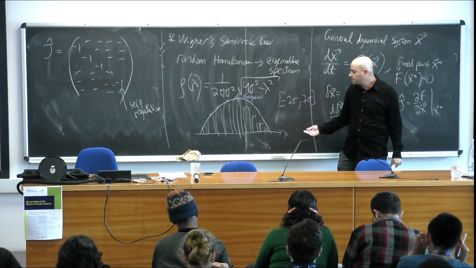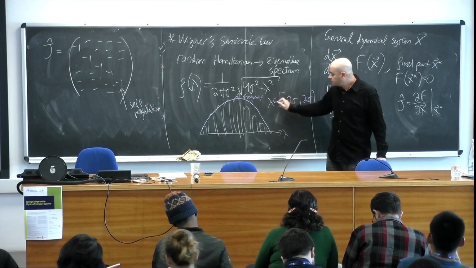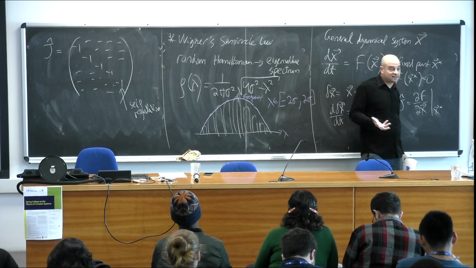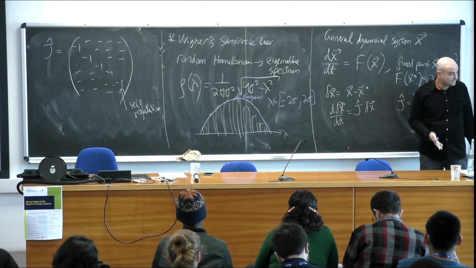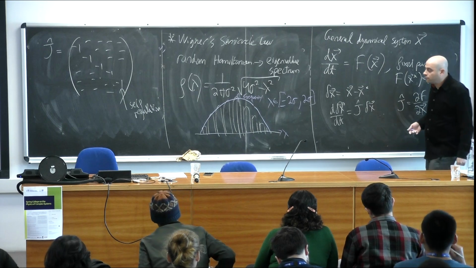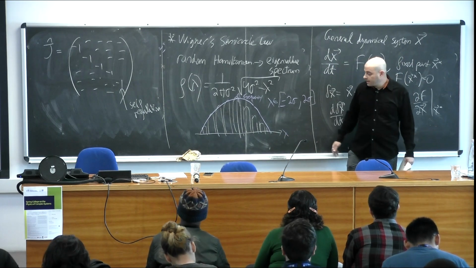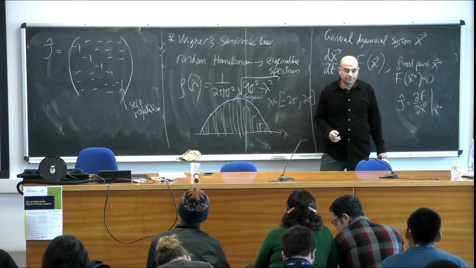Asymptotically, all eigenvalues lie within this range. This is a Hamiltonian, so it's Hermitian, right? So it has a very specific symmetry, and therefore all the eigenvalues are real. And basically, half of them would be positive and half of them would be negative.